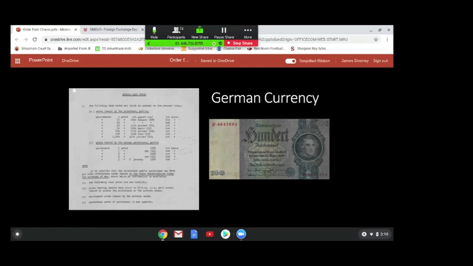Oftentimes they were greeted at the door of the branch of the Reichsbank by the bank director with the keys, who was more than willing to hand them over to the Allied forces that were coming in, because that meant that he had fulfilled his mission of securing the assets of the bank and making sure that they were safe, and then he turned them over to the military authorities. He was no longer going to be responsible.